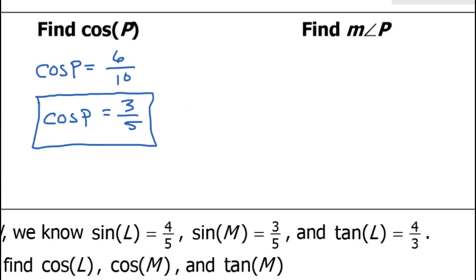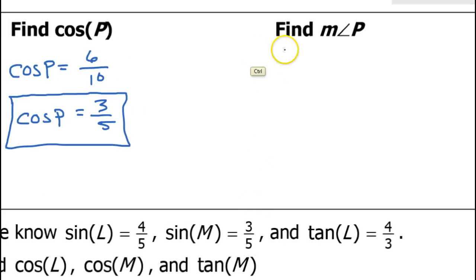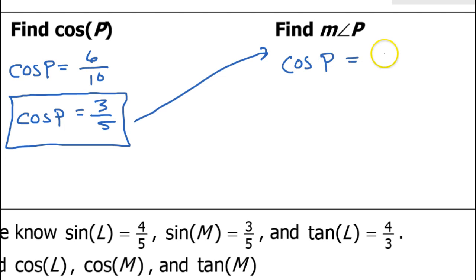Now, what if I asked you to go further and find the actual measure of angle P? Well, we can start with what we just found. We would start with the fact that the cosine of angle P is 3/5, but this is how they ask us to find the actual value of the angle. They'll say find the measure of angle P. So if you want the variable, the angle from the inside, that's when you do the inverse trig function.